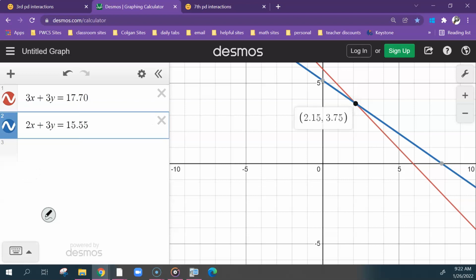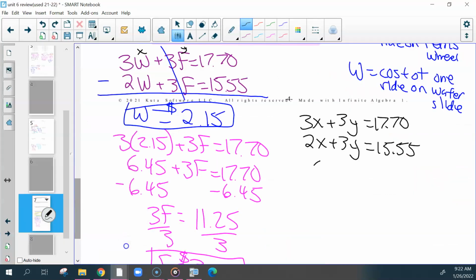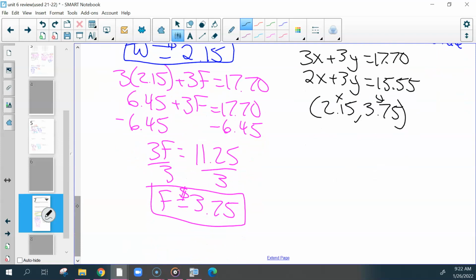You can click on that point. You have the point 215, 375. This is also a good way to check yourself if you do it another method. So if you use Desmos, put your ordered pair down, list them as x, y, and then if your original problem had different variables, connect those back to what they were originally.